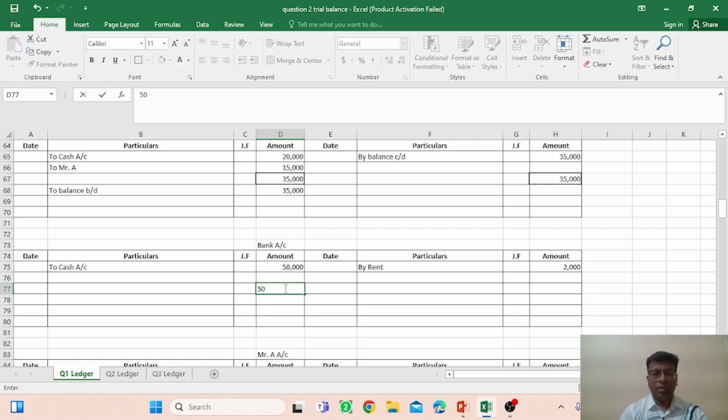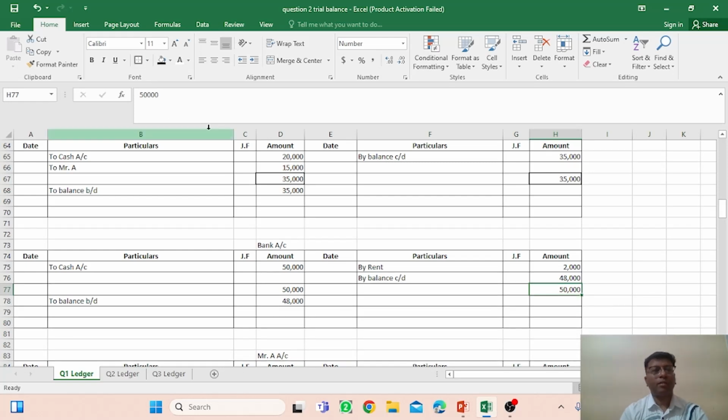So 50,000 is the highest amount in the debit side, so the same amount would be written over there in the credit side, and you take the balance rupees 48,000 by mentioning by balance CD, and in the debit side you have to mention to balance BD brought down rupees 48,000, right? And this is the total. So we close this account and extract the balance, right.